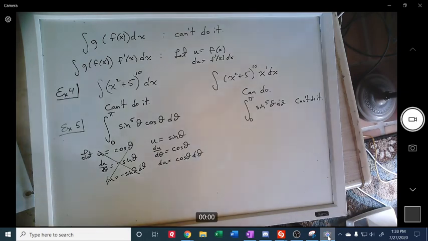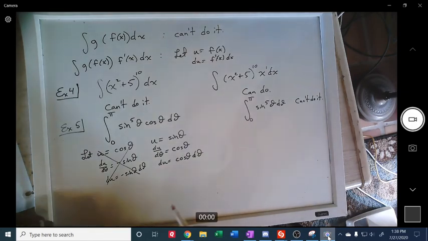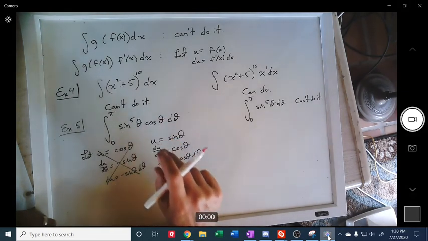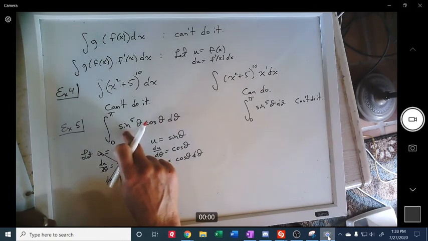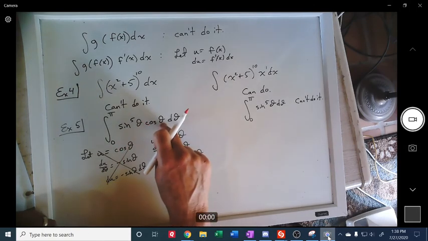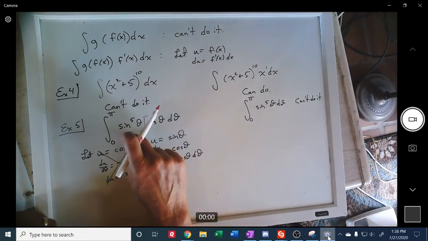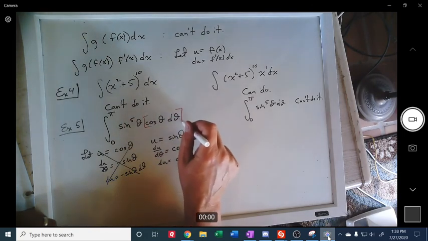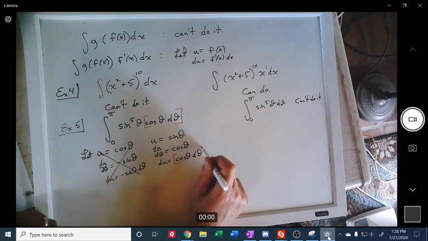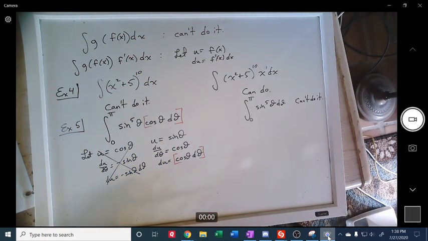All right, now, I'm fortunate in one aspect. When I rewrite this without thetas and with only u's, that's going to be u to the 5th. Everything else already matches. I don't even have to divide both sides by a constant.